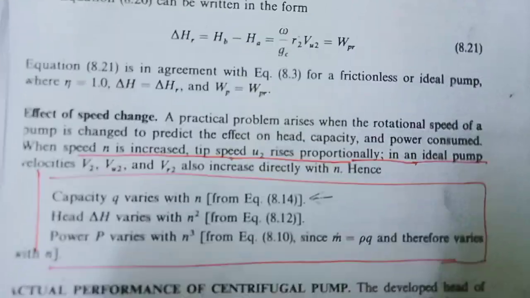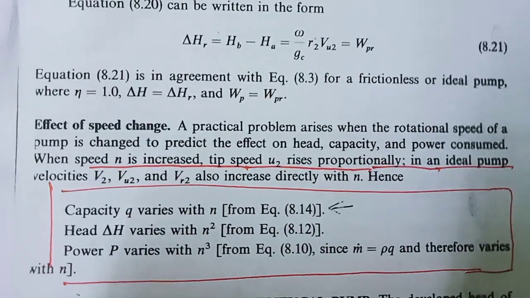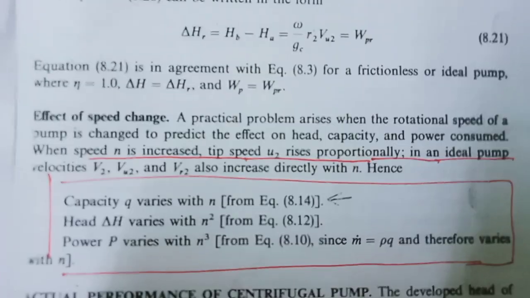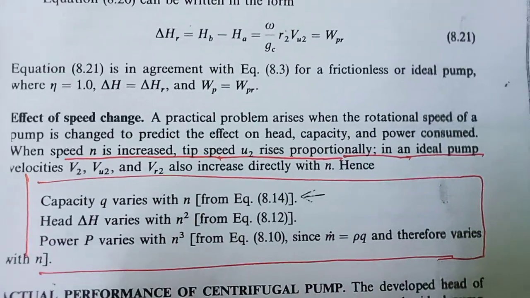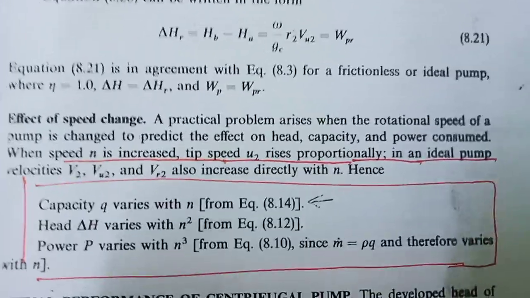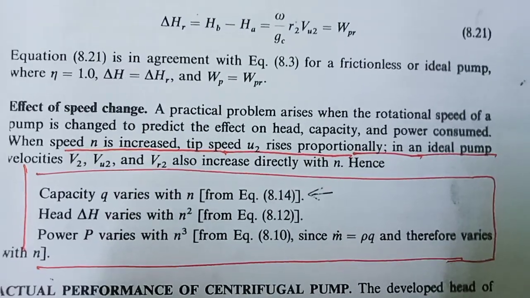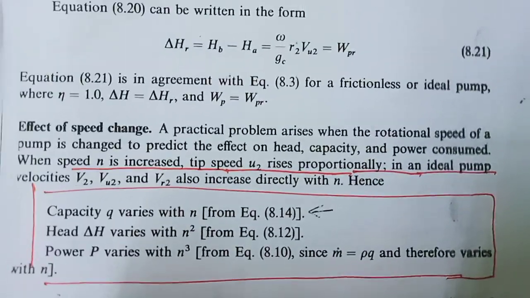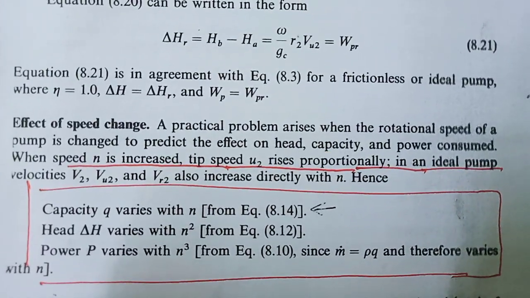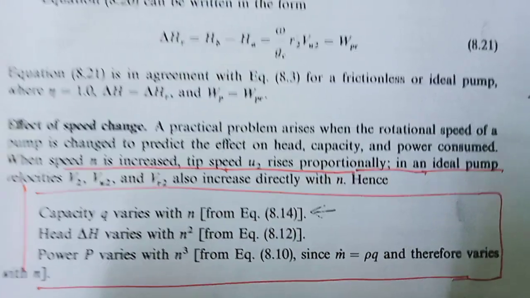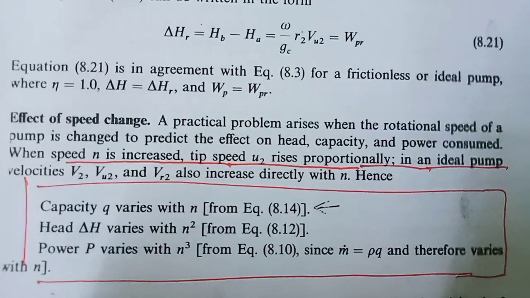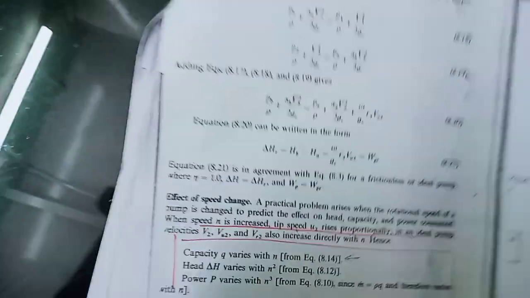Now how does the speed of rotation of the impeller affect the flow rate? Capacity Q varies with the speed of rotation of the impeller. Head varies with n square, that is the square of the speed of rotation, and power P varies with the cube of the speed of rotation of the impeller.